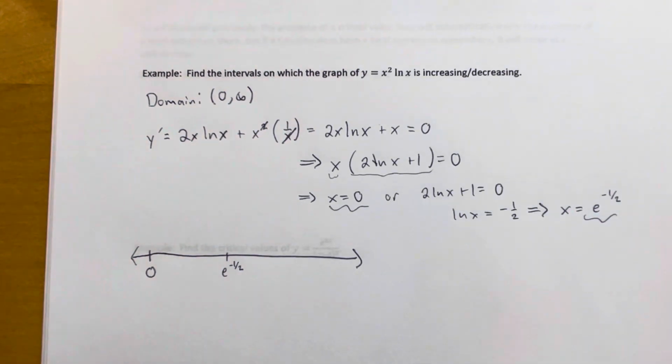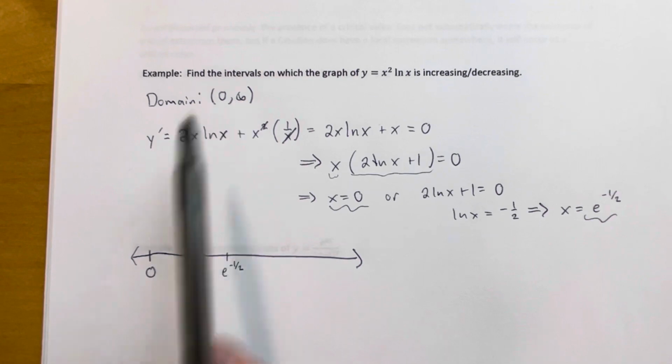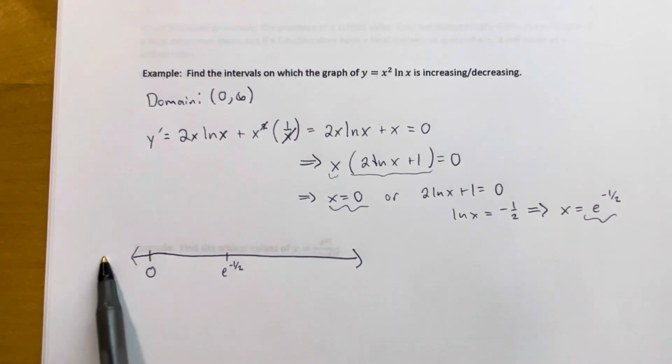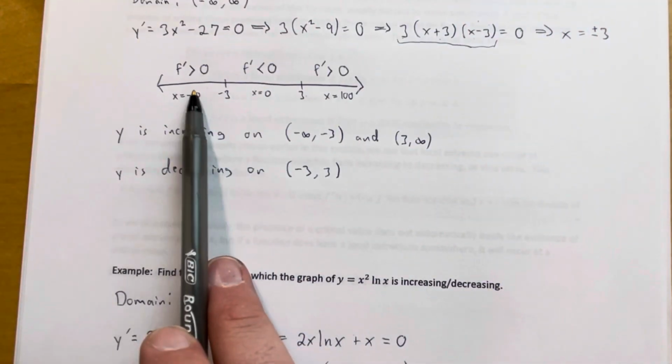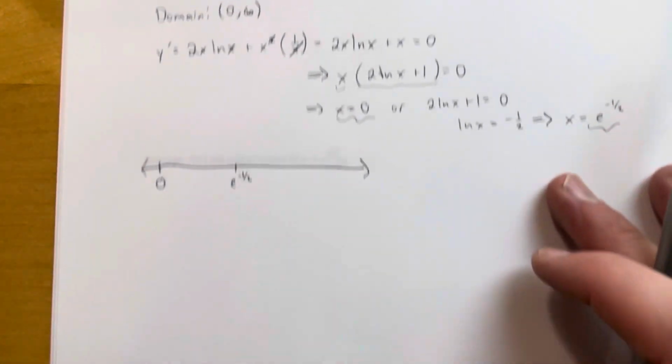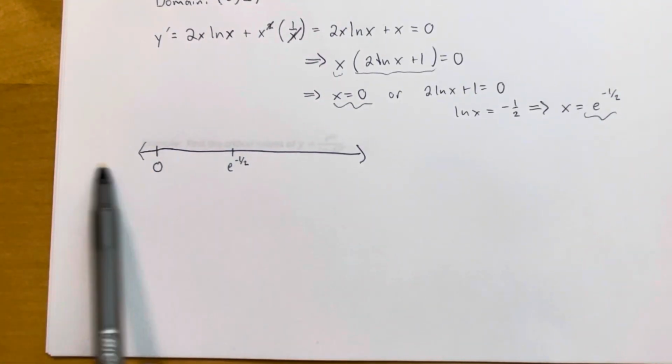I'm going to put that there. And I have to remember that because the domain of my function only includes positive real numbers, there is nothing to the left of this 0 here that we're considering. In the previous example, I also had two partition numbers, but it gave me 3 subintervals to worry about. Here I only have 2 because the original function is not even defined in this subinterval over here.